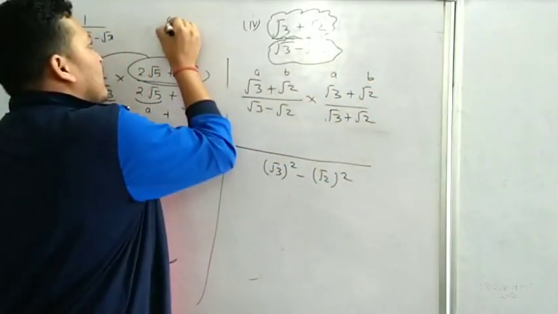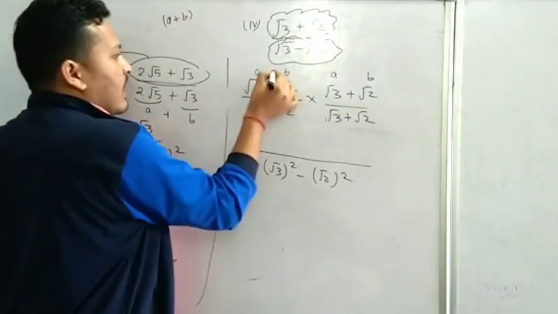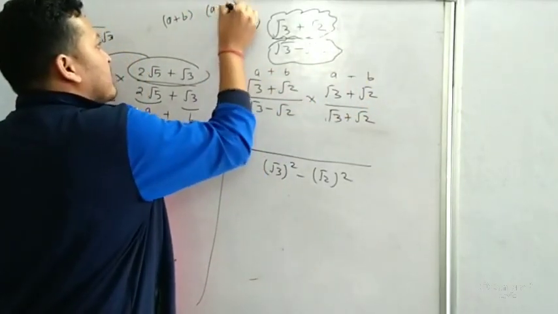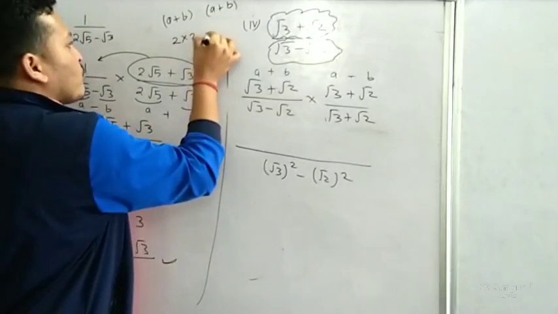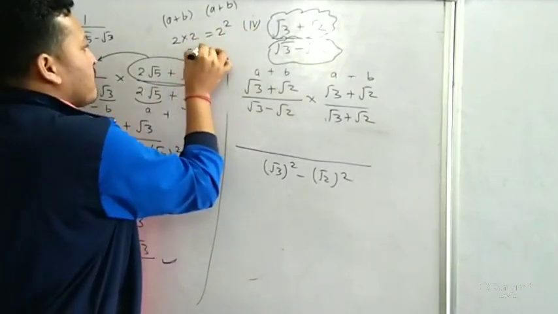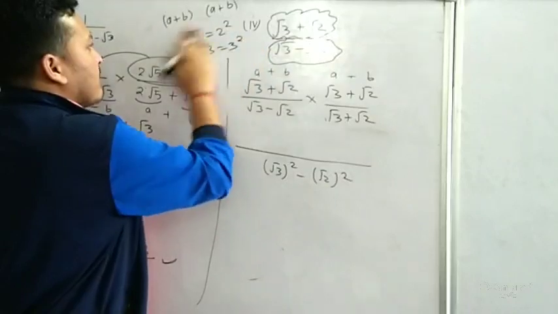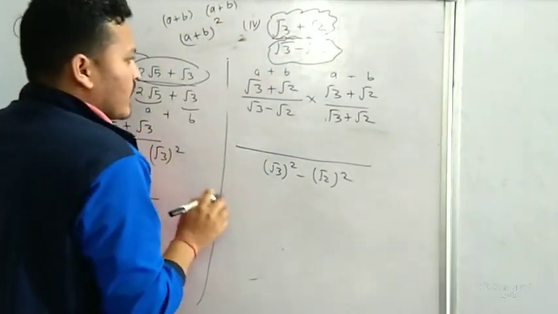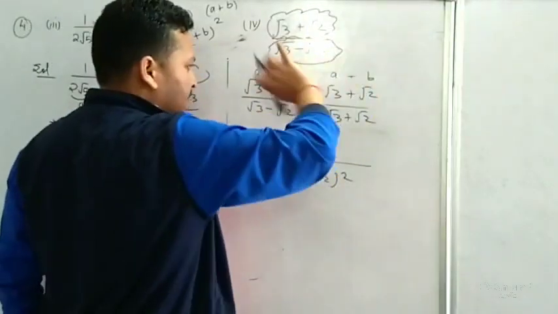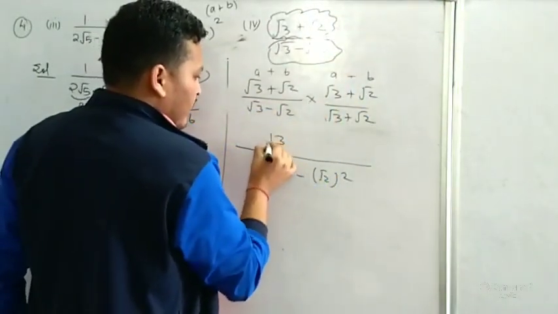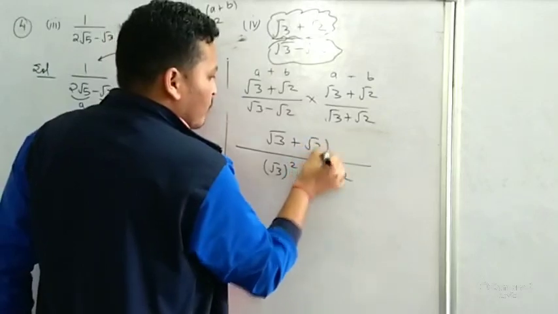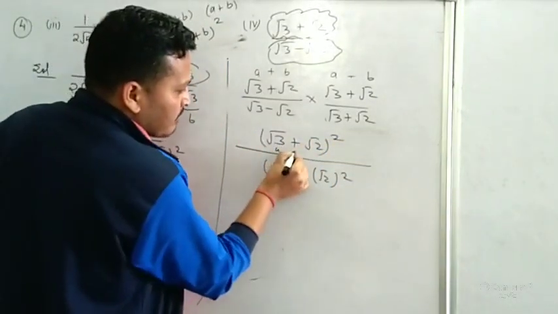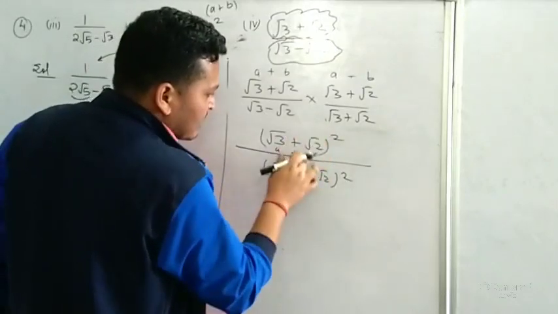Okay, and you know that if it's a plus b, the sign here is plus, and it is also plus. So a plus b multiplied by a plus b, just like 2 multiplied by 2 we can write 2 square, 3 multiplied by 3 is 3 square. So similarly we can write this as a plus b whole square. Or multiply it, no problem, you can multiply as well. So we can write root 3 plus root 2 whole square.